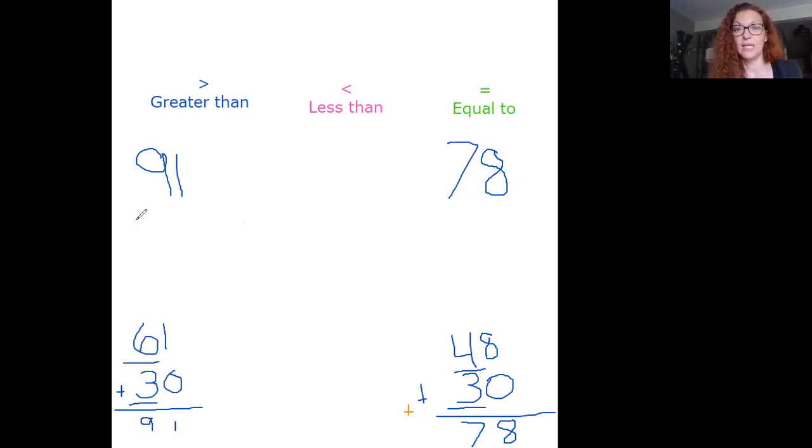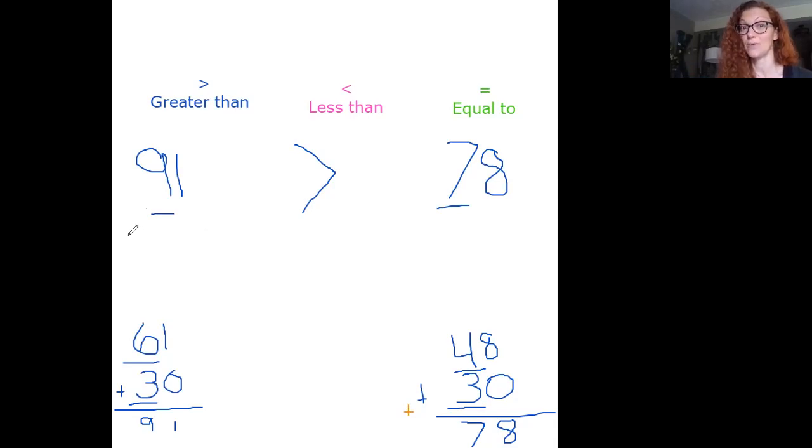91 and 78. Go ahead and put your symbol down and show me. Wow, that was fast. I saw you guys write that because I know the 9 is bigger than the 7. So the alligator wants to eat that number.